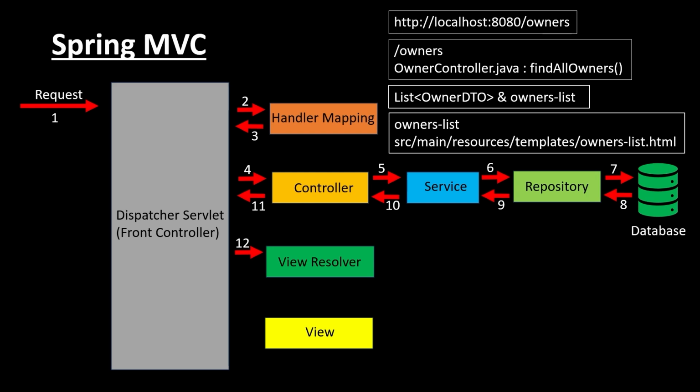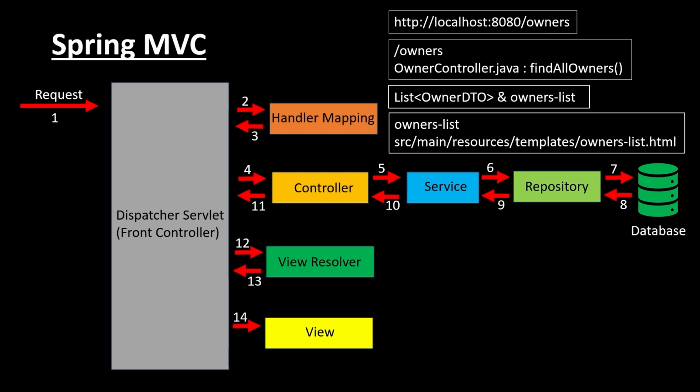And this view resolver is generally, again, you can say an XML file or a properties file. Nothing more than that. So this complete location it will provide. Now dispatcher servlet knows the complete location of owners list also, as well as it has the data, the list of owner DTO. So it will go to that particular page or that particular view, we can say.